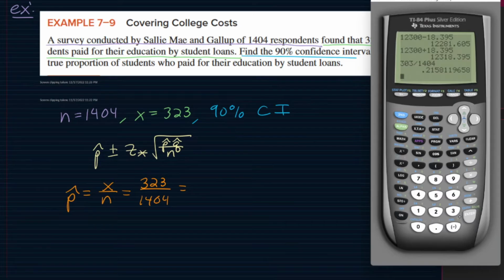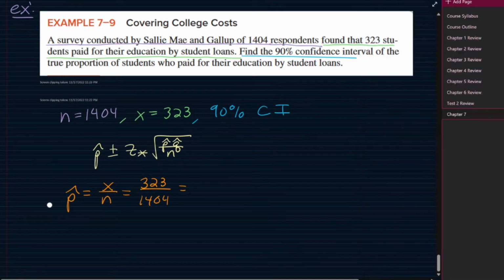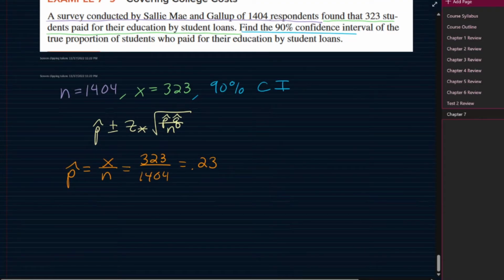Oh, I put the wrong number in. 323 divided by 1,404. 0.23. And so if our p hat is 0.23, that means our q hat would be 1 minus 0.23, or 0.77.